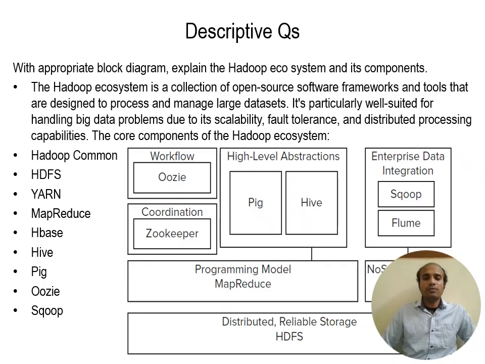It's particularly well suited for handling big data problems due to its scalability, fault tolerance, and distributed processing capabilities. So you can see how effective this Hadoop ecosystem is at handling big data problems with features such as scalability, fault tolerance, and distributed processing capabilities.